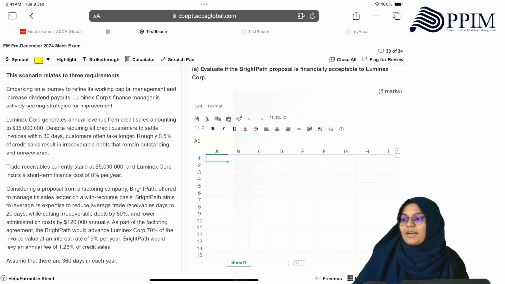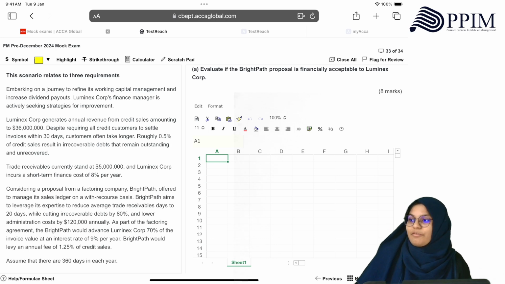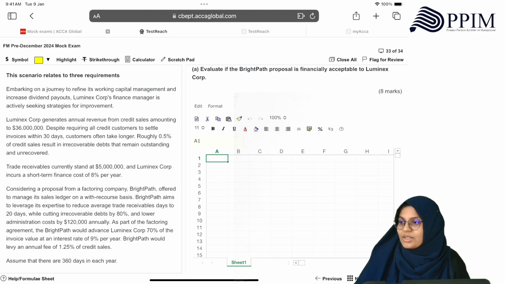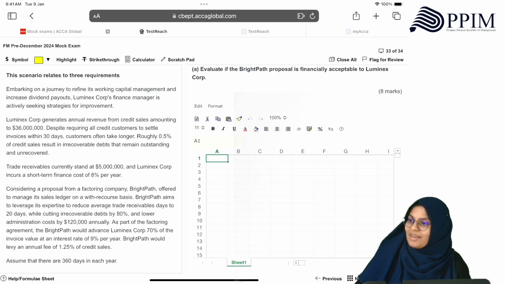So please send me an email, and if possible send me a WhatsApp message also confirming that you sent. Because there was, I think, one situation in the last mock where one person said they sent it but I didn't get it. So please make sure that if you send it, send me a message also, and wait until I reply to that message to confirm that I have seen your answer script.